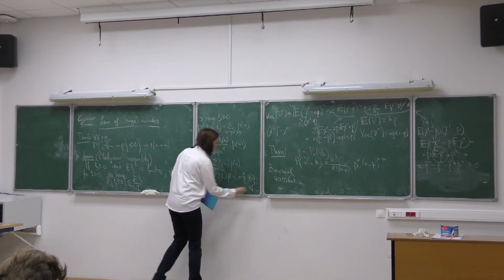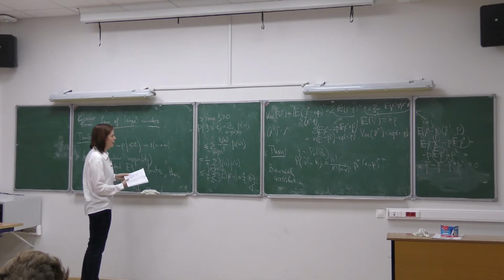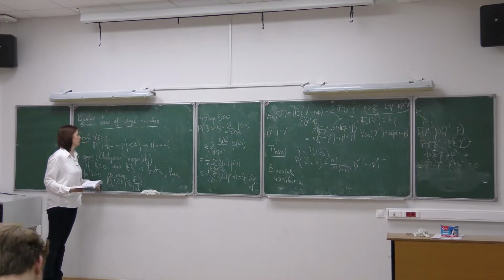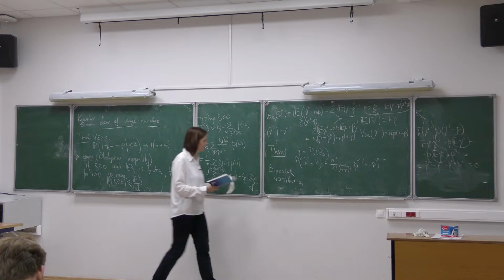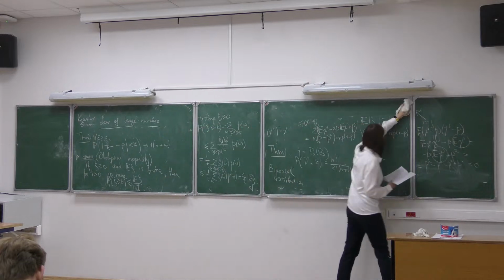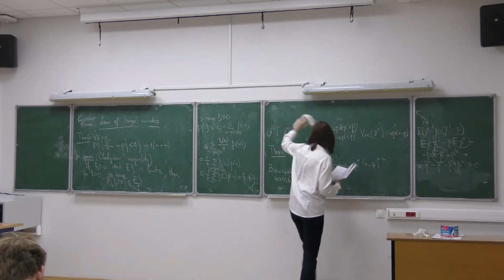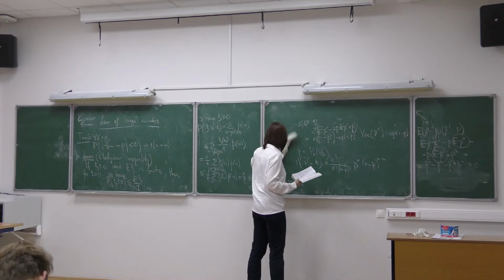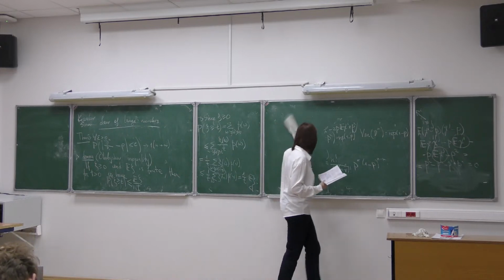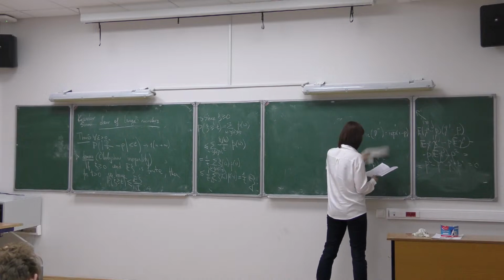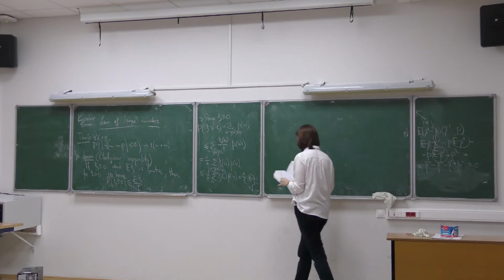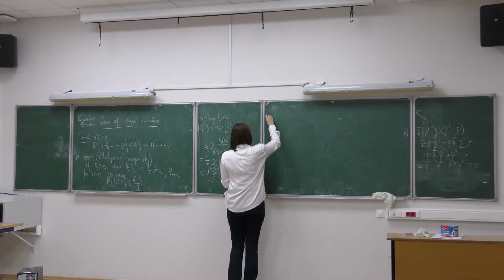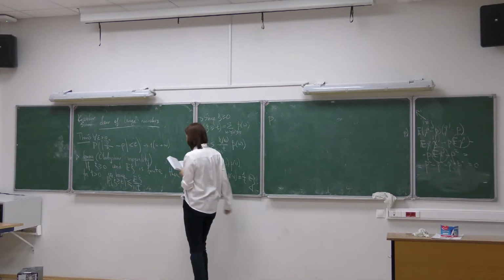Great, so we proved the Chebyshev inequality, and now it's just one line to extract this theorem from this inequality. Let's push for it. So we want to estimate this probability. Let's see.